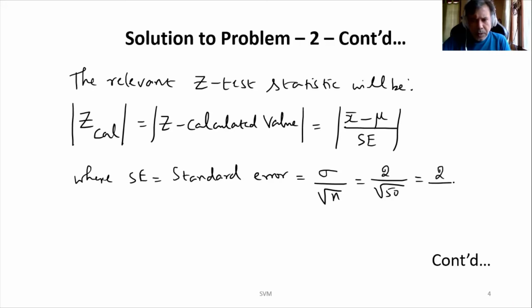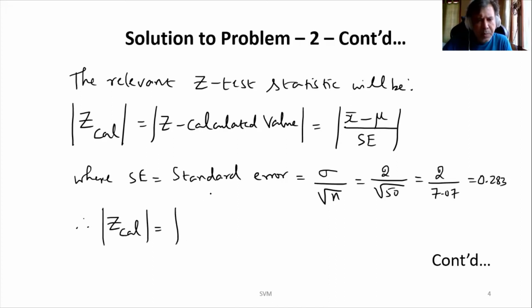So it is 2 divided by 7.07. So that will work out to 0.283 approximately. Therefore, Z-cal under modulus will be modulus of x bar, which is 99.75, minus mu, which is 100, divided by the standard error, which is 0.283.